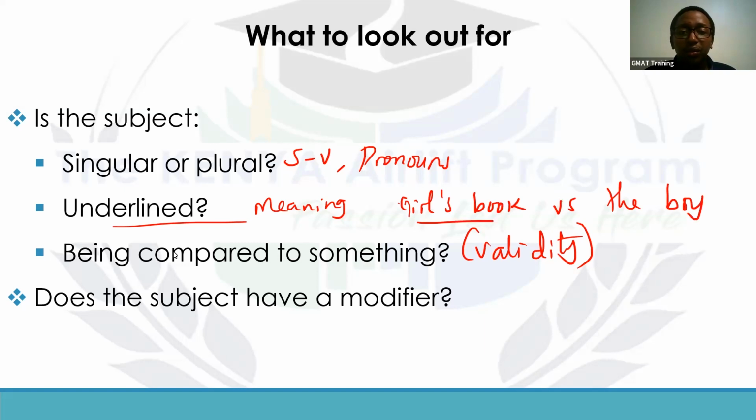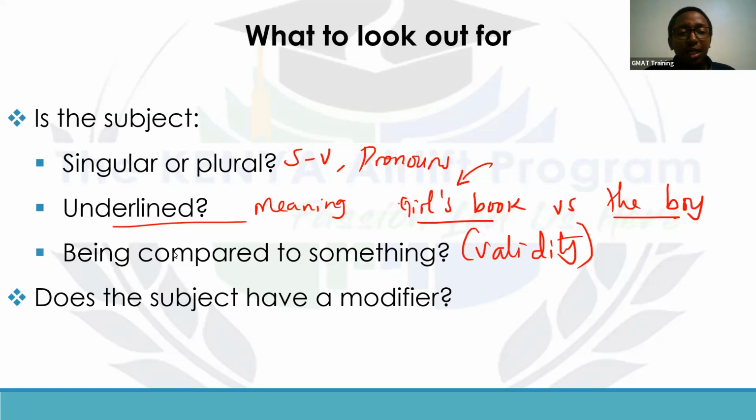Of course, now we know this is not a valid comparison, and it all changes because of this possessive form. So it's very critical to identify what your subject is, and then that will help you judge whether the comparison is valid or not.